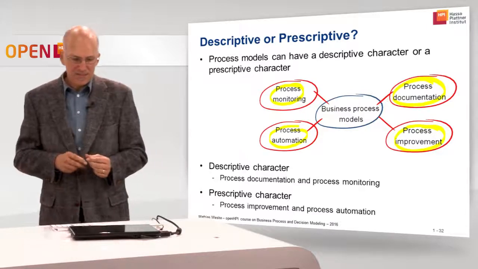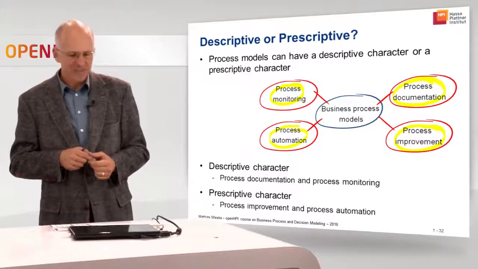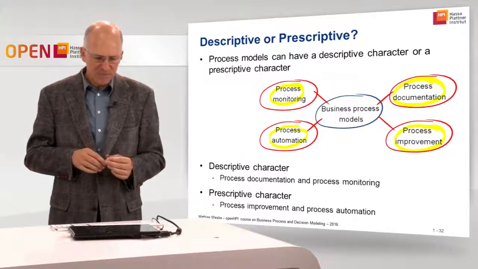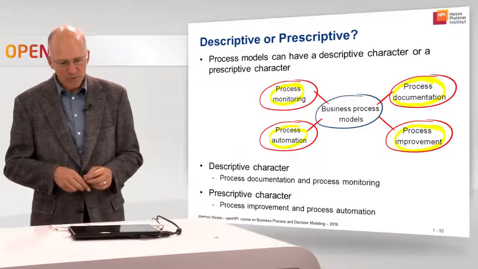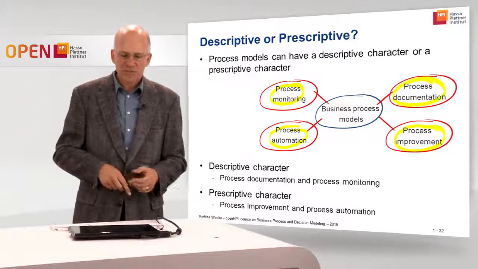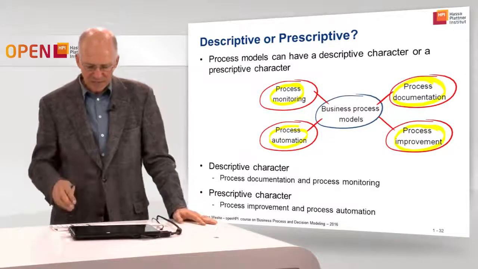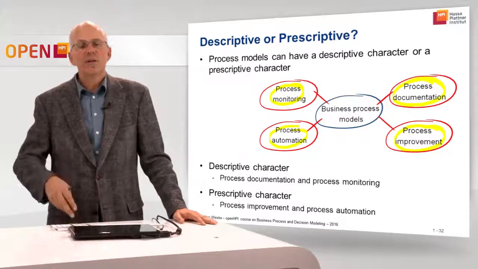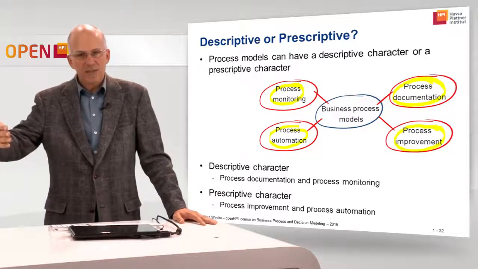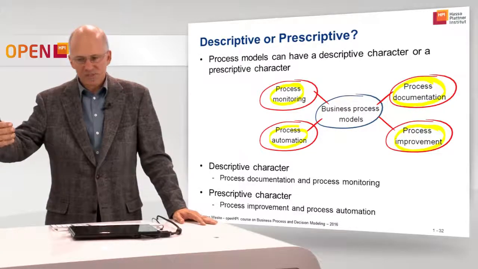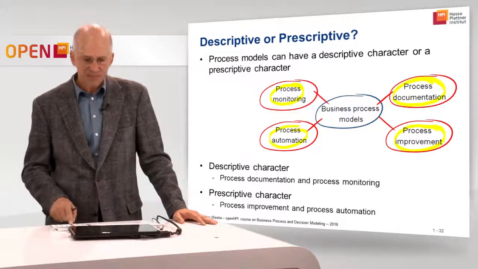So I can say, similar to the plan we've seen in the previous video, that business process models can have both a descriptive character when describing things, for instance in process documentation, but also a prescriptive character, for instance in process improvement, where I design and improve a process, and then this improved process model prescribes how the improved process should be executed.